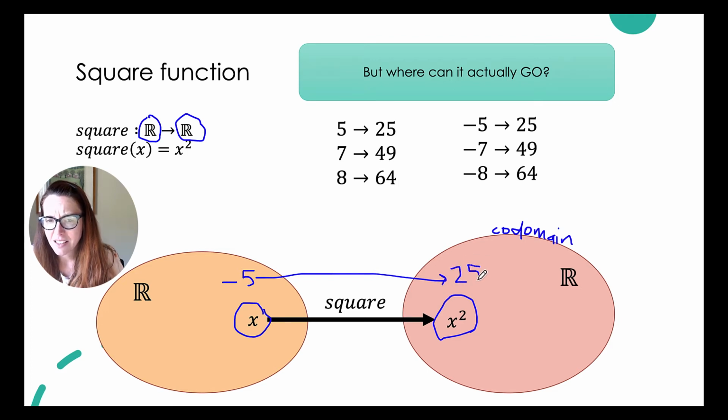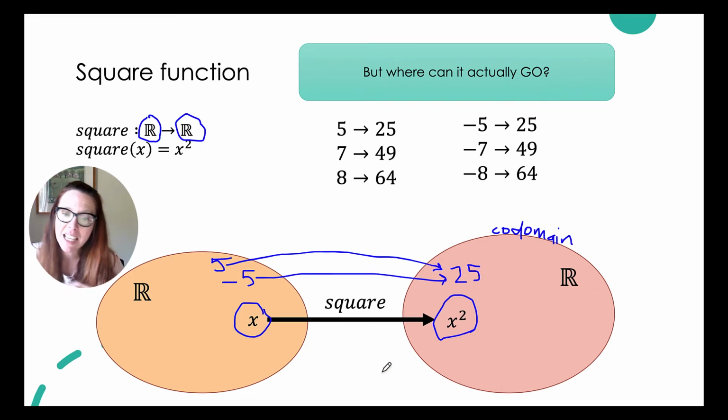But wait a minute, 5 is also going to 25. And for every positive number going to square of x, there's a negative number going to square of x, right?